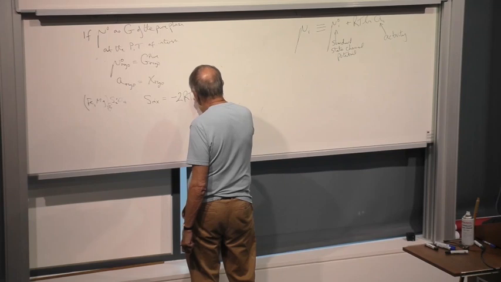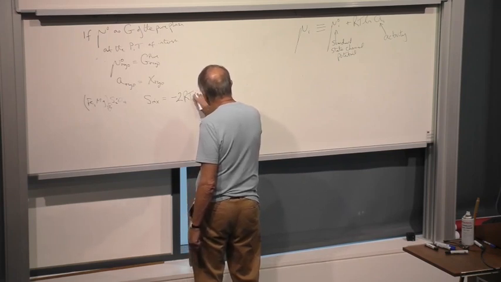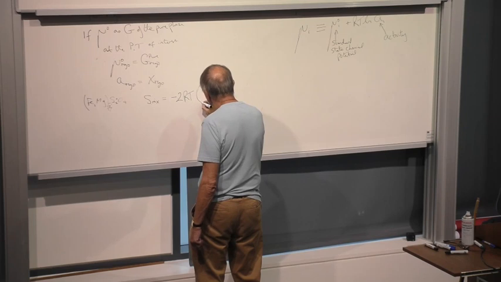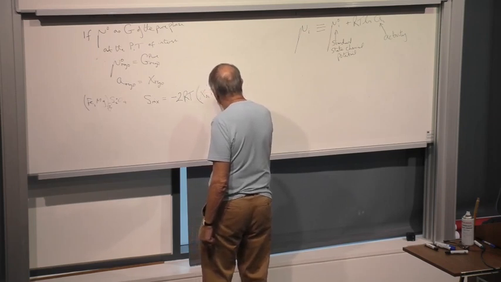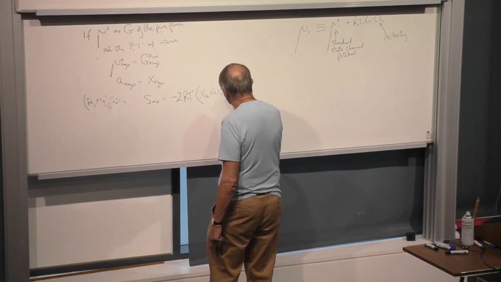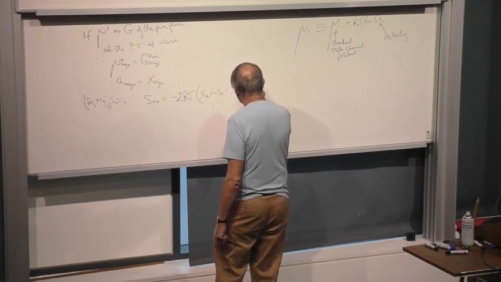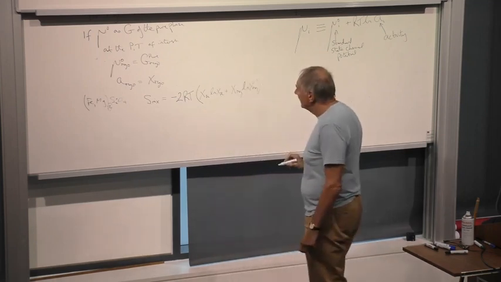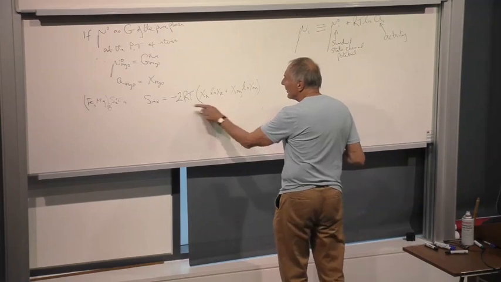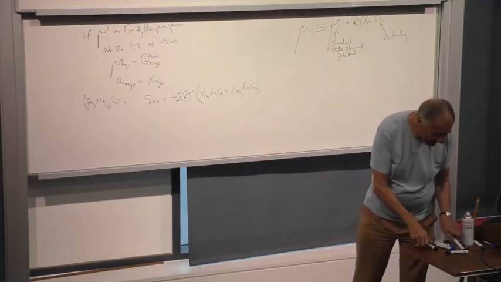2RT into XFe ln XFe plus XMg ln XMg. Okay, so it's the same expression as before, but multiplied by 2 because there are 2 times Avogadro's number of sites in the structure.